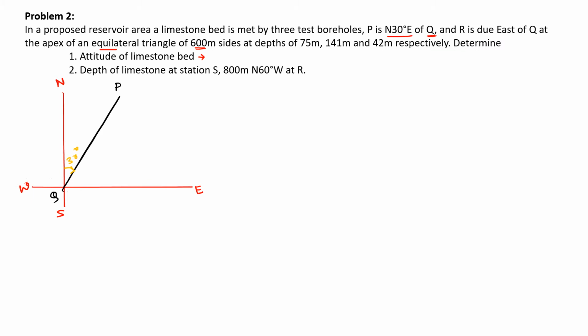Now R is due east of Q. They said R is due east of Q. So this is my point Q. On the east, due east means somewhere here my another point is there, that is my point R. What I'll do now? Now I'll join these 2 points.